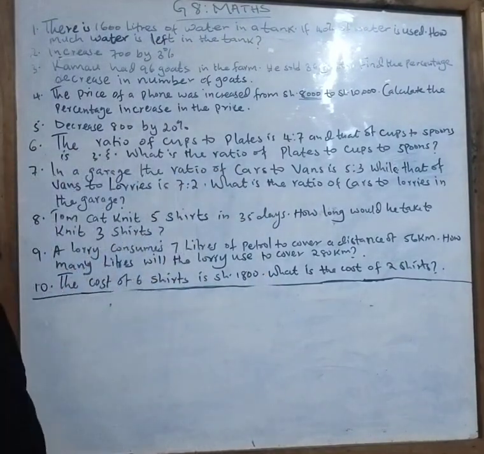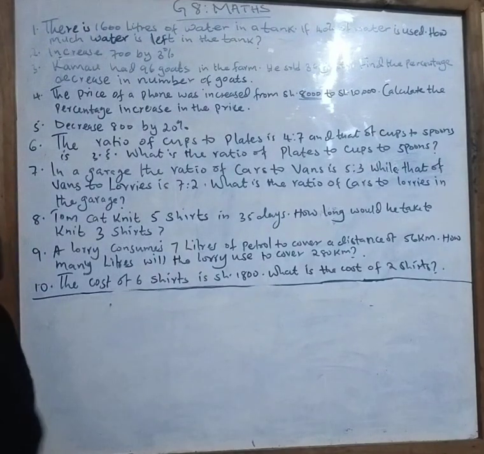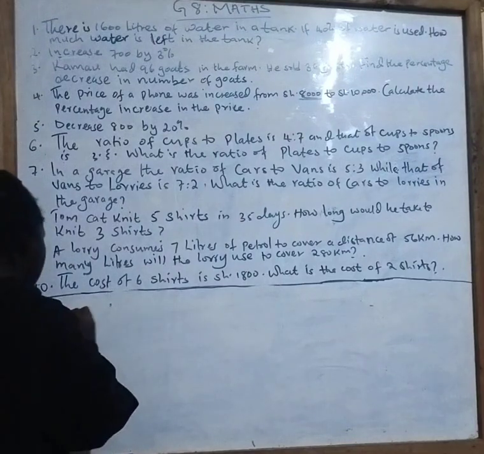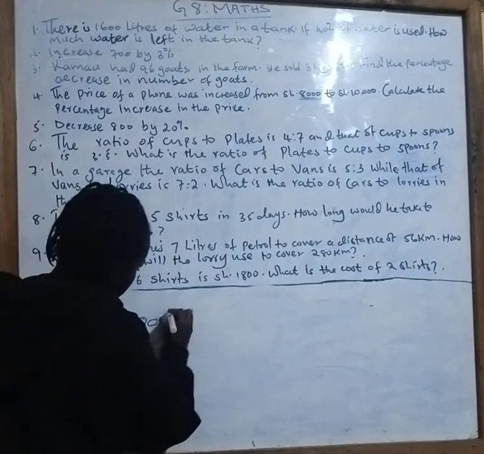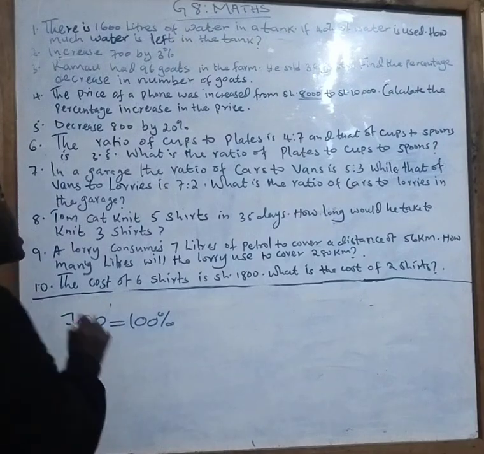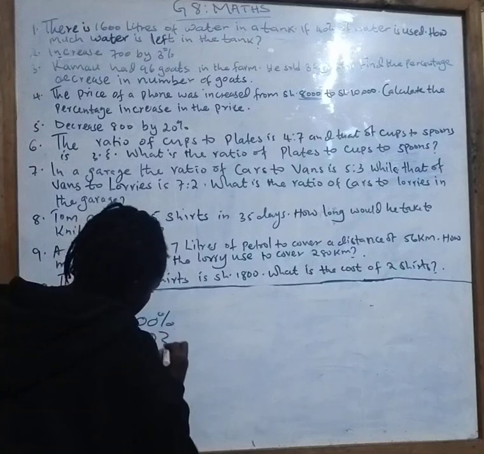Question number 2. Increase 700 by 3%. You say 700 is equal to 100%. And the question says increase. You will increase it to 103%.